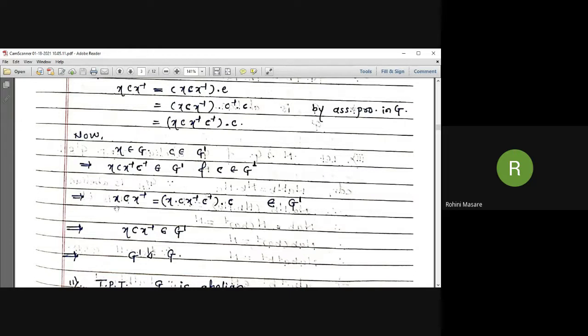Hence x c x inverse, which is equal to x c x inverse c inverse into c, belongs to G dash. By which property? Anyone know by which property of a group this element x c x inverse belongs to G dash?